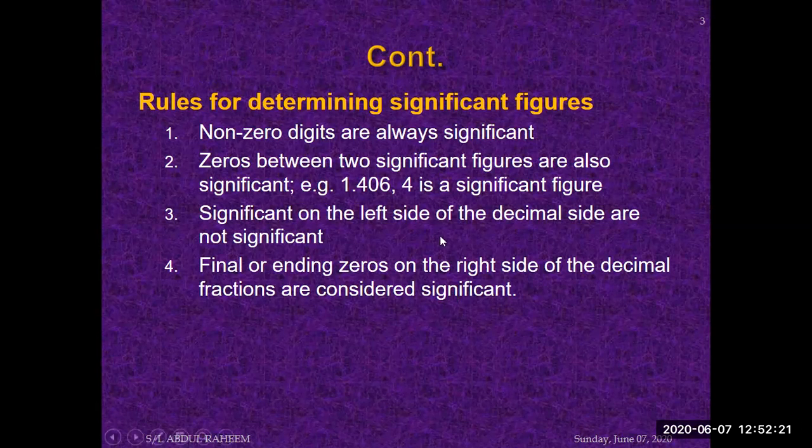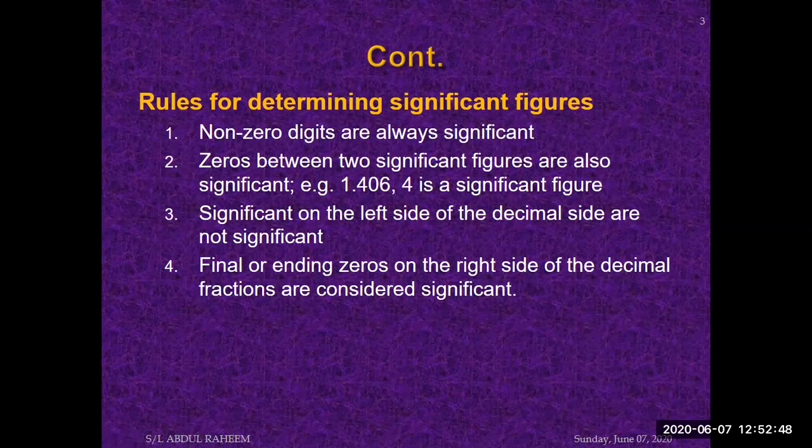For example, if you look at 1.406, the 0 is significant. Zeros on the left side of the decimal fraction, just after the point, are not significant. The final or ending zeros on the right side of the decimal fraction are considered significant.